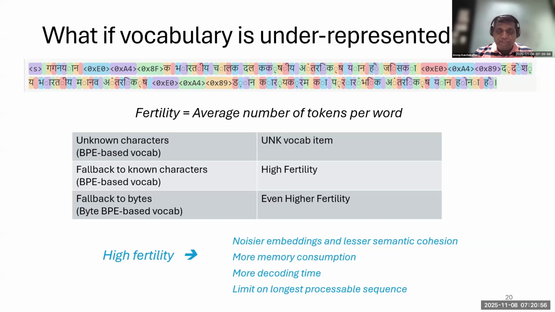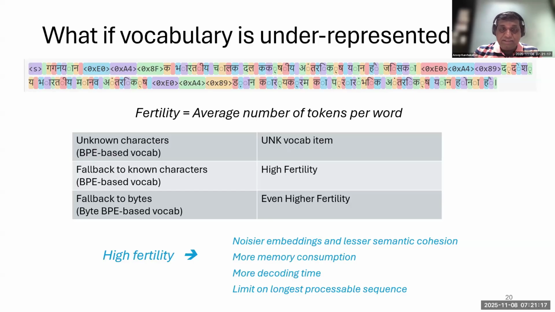So, what are the implications of high fertility? As you can imagine, these single characters have very little semantics. So the embeddings are very noisy, with very little semantic cohesion. It's difficult to say what distributional representation such embeddings for single characters are even capturing.